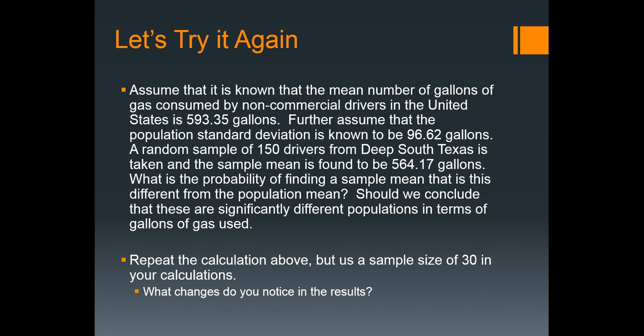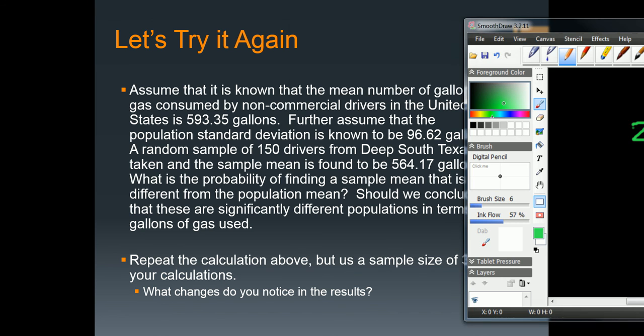So we're going to apply the z-test to this question. We have to locate sample mean, population mean, standard deviation, and sample size. And once we locate those, we simply plug them into the equation for the z-test, like so.